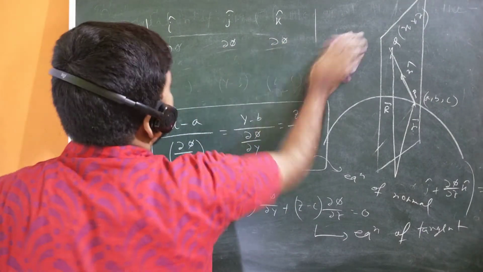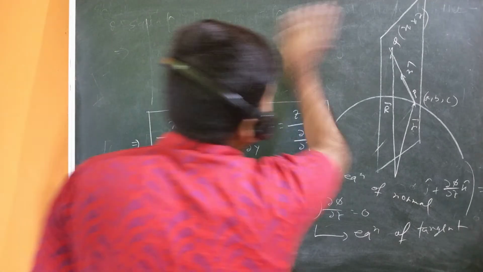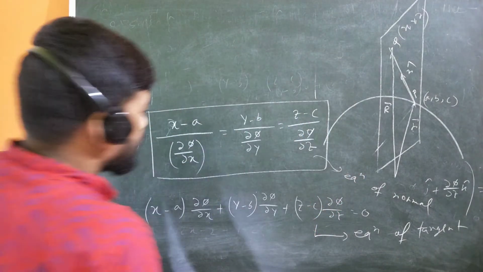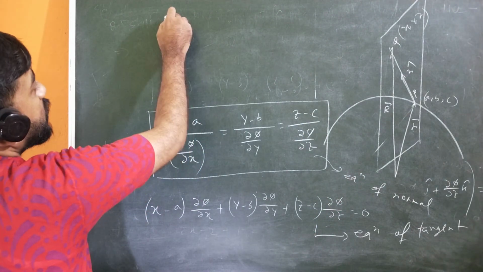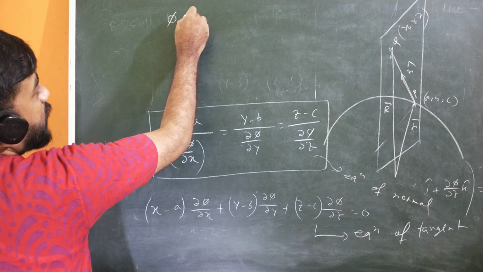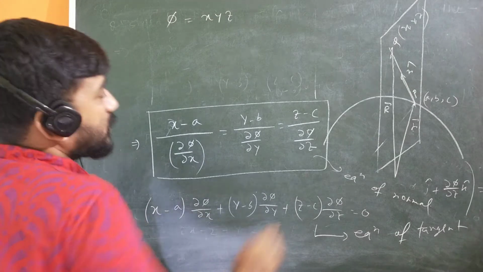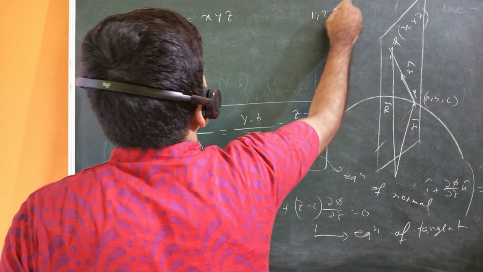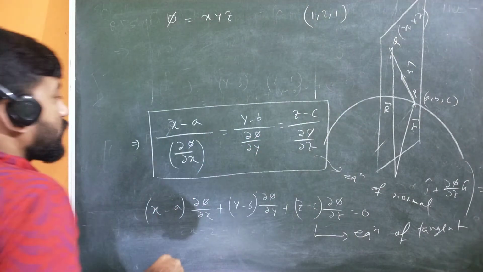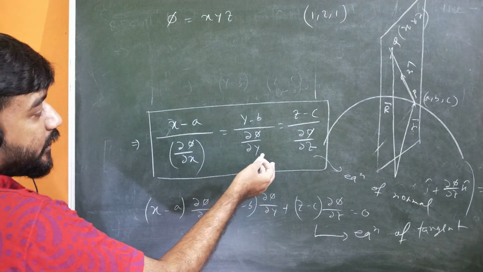So what was the problem? The problem was, I think, that we have a phi, and that is xyz, and the point ABC was 1, 2, 1. So we have to find out del phi del x, del phi del y, del phi del z.